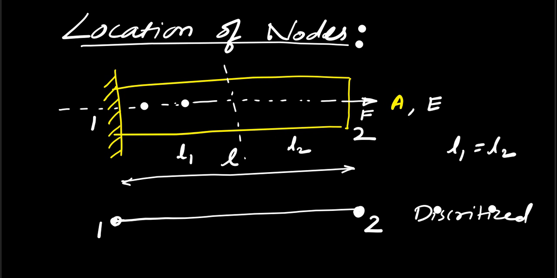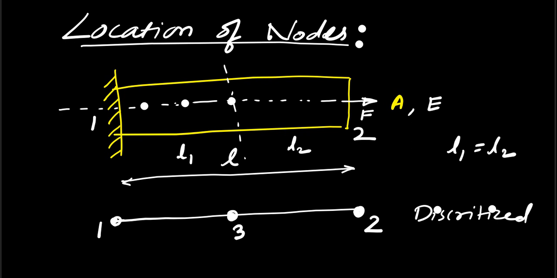Now divide that total length into two parts. Now at this midpoint, we can say it is another node, say node 3 will be added here, where node 3 is optional for you.